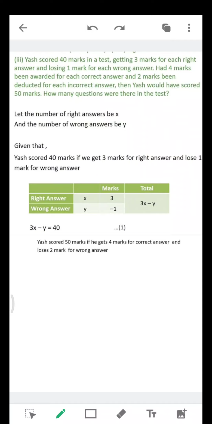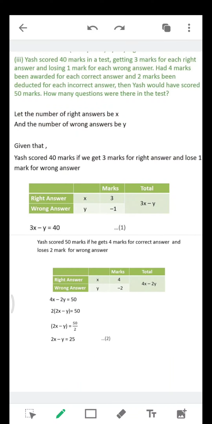Then we'll go to the next. Yash scored 50 marks if he gets 4 marks for the correct answer and loses 2 marks for the wrong answer. So what would be our equation? 4x minus 2y is equal to 50. This will be our equation number 2.